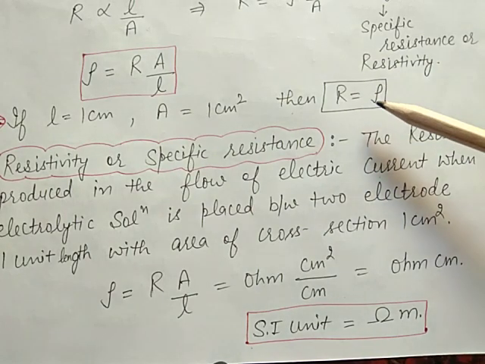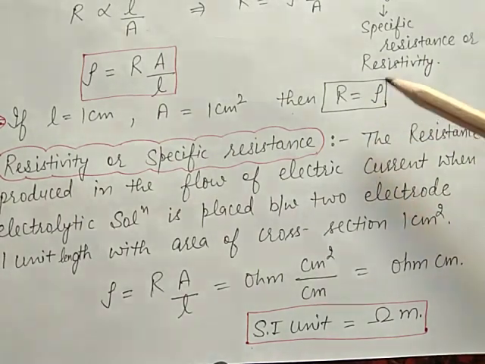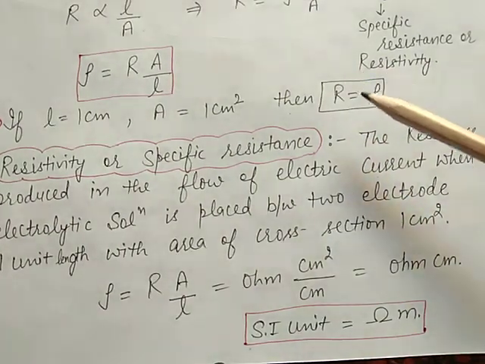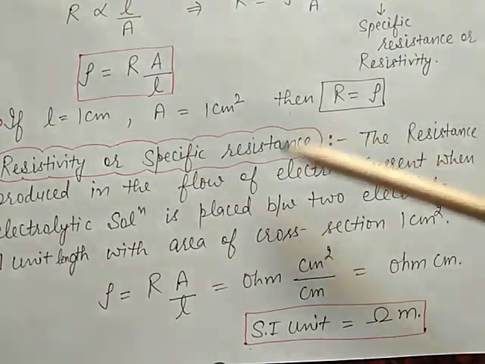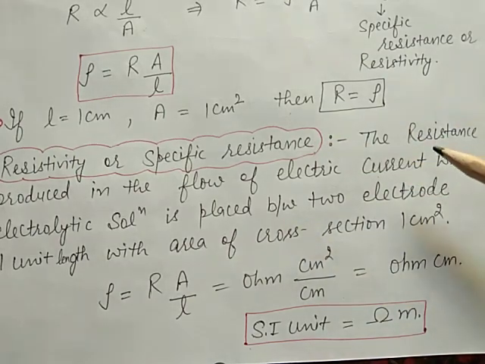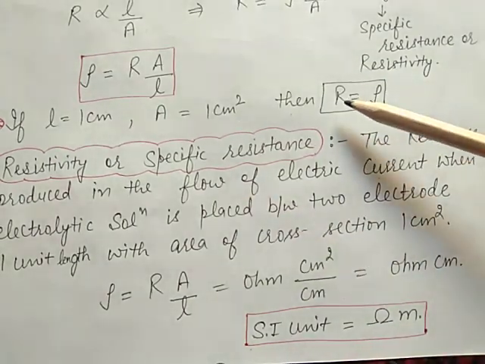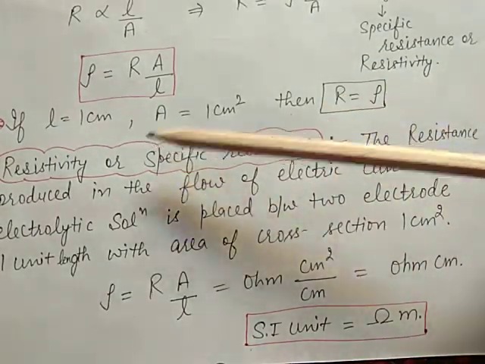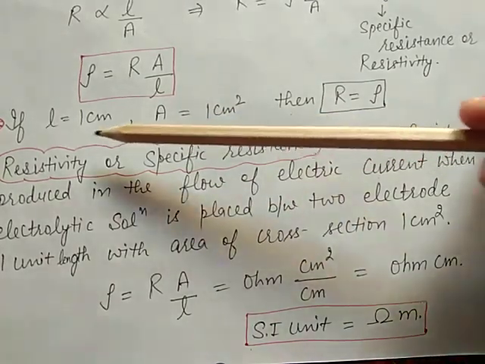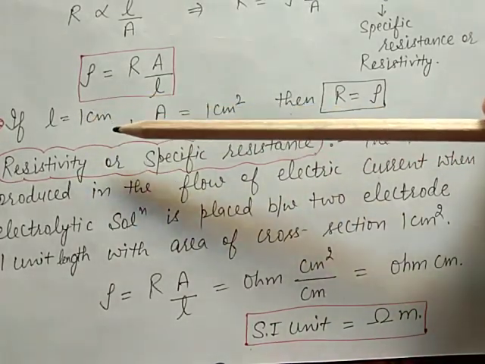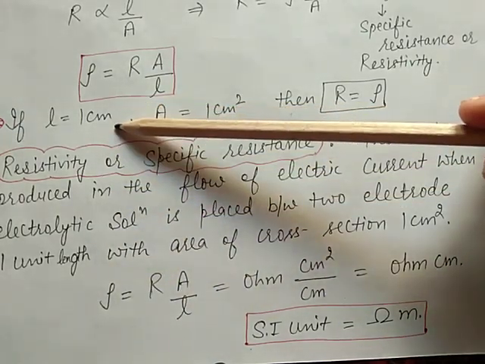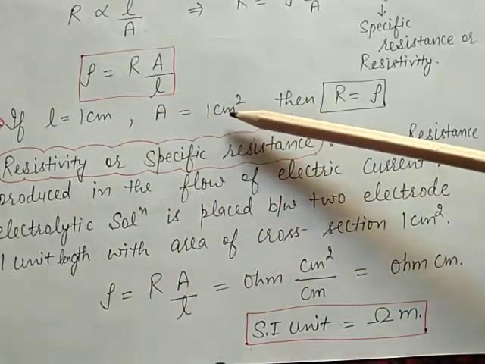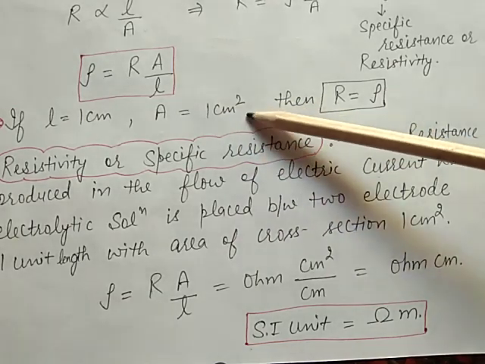It means resistivity or specific resistance. How is it defined? It is the resistance produced in the flow of electric current when the electrolytic solution is placed between the two electrodes having 1 centimeter length with area of cross section 1 centimeter square.